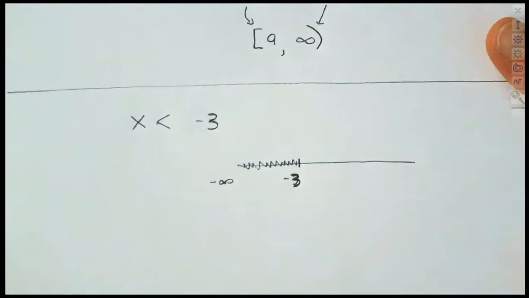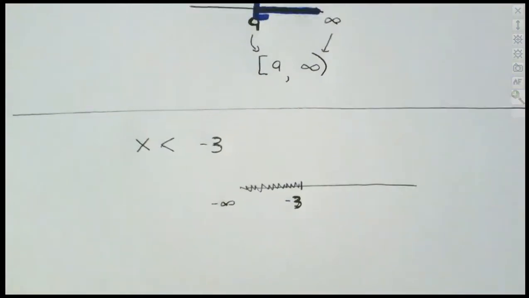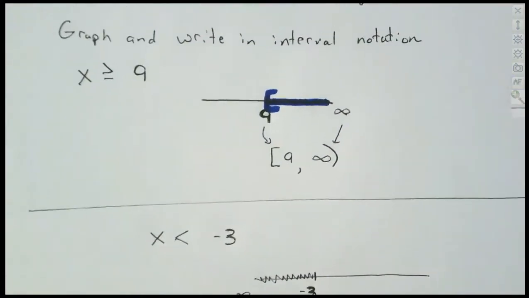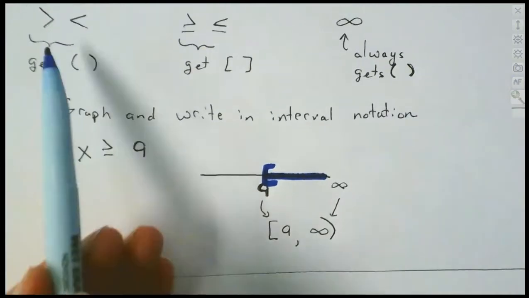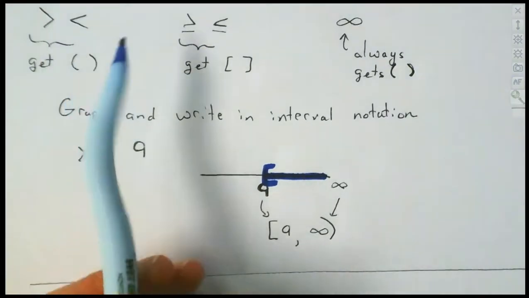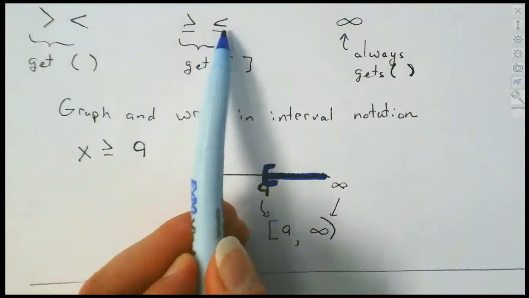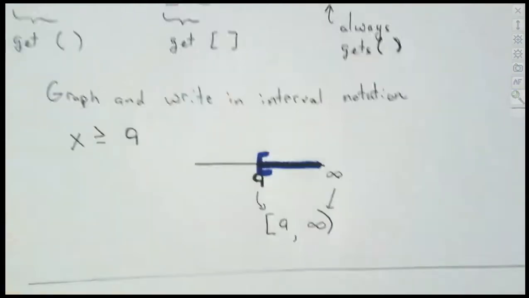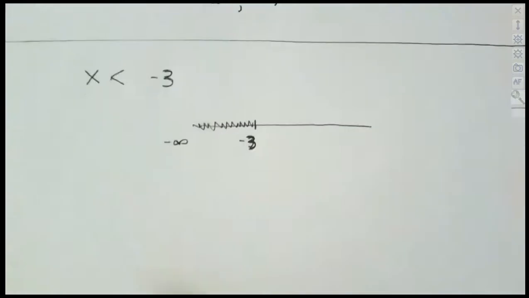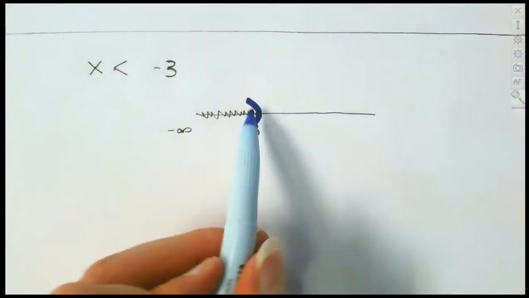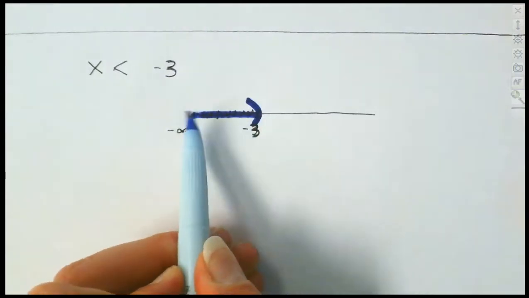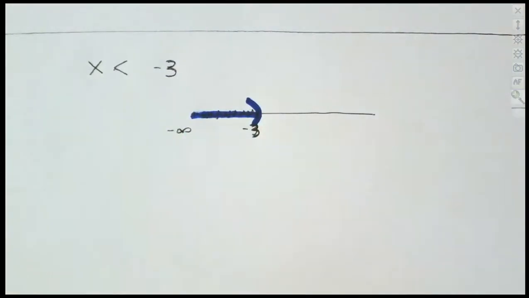Now, what about the negative 3? Negative 3, is it going to get brackets or parentheses? If we go back up and look, remember, if there's no bar underneath, what do they get? Parentheses. If they have the equal bar underneath, what do they get? Square brackets. Ours is strictly less than, so that means we're going to be using a parenthesis here. And there's our line. And which way is it going?